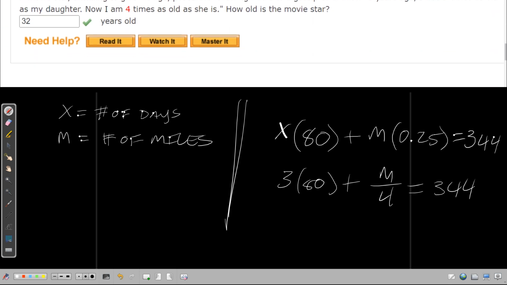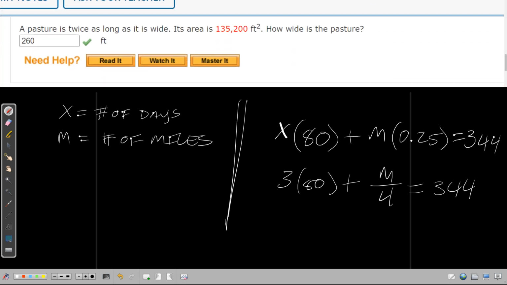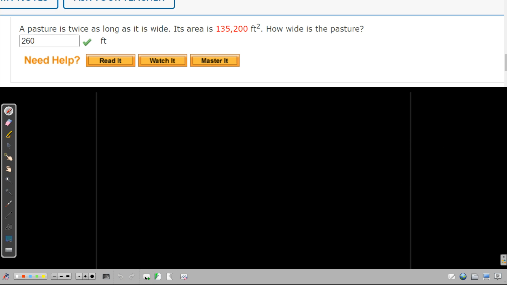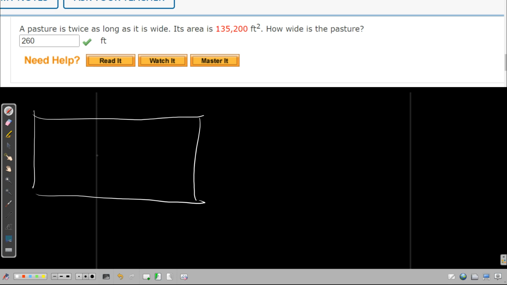We did number 2 in class. It's a problem similar to what is on the written assignment and the upcoming quiz 1. A pasture is twice as long as it is wide. Draw a picture. Here is my pasture. And here's the width. And the length is twice as long as the width.